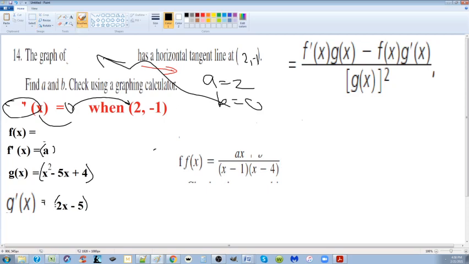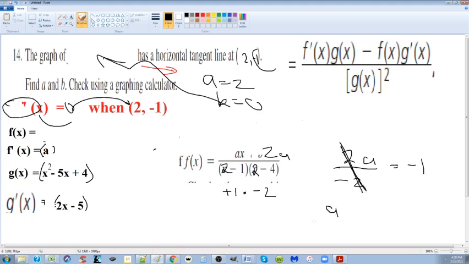So that means when x is 2... Oh, no, I got it right. This becomes 1. And this becomes minus 2. And that when it's 2a up here... Oh, what an idiot. I had it as a. So it's 2a up here divided by minus 2 is equal to minus 1. What an idiot. So stupid.